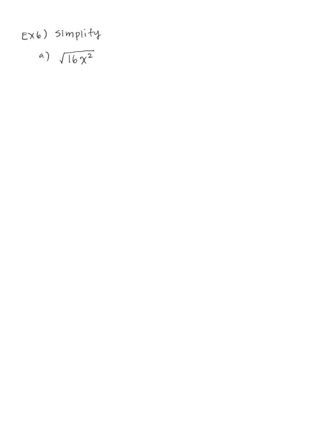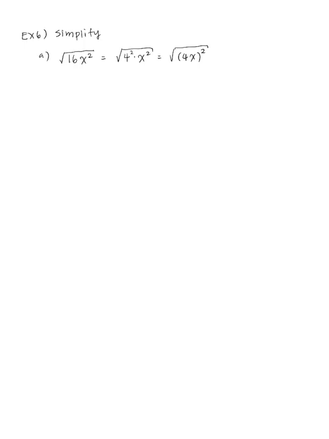Alright, now let's take a look at example 6. Simplify square root of 16x squared. Okay, so in order to do this, we're going to start out nice and easy. You can already see that 4 squared gives 16. So here, what I'm going to do is rewrite this as 4 squared times x squared. Now, how your textbook does it, this is the same thing as 4x, whole quantity squared.